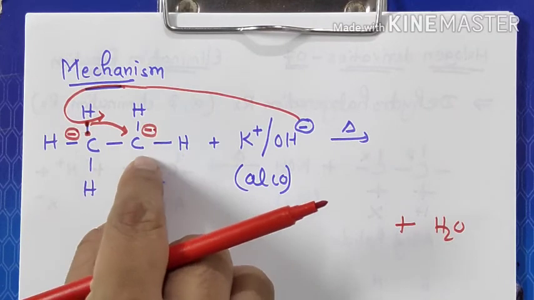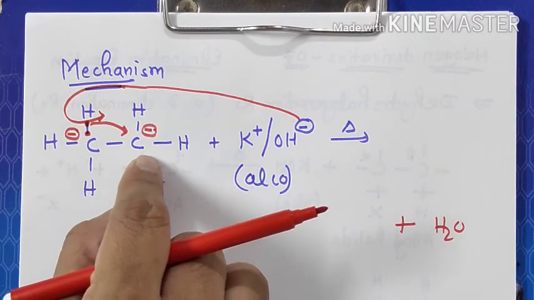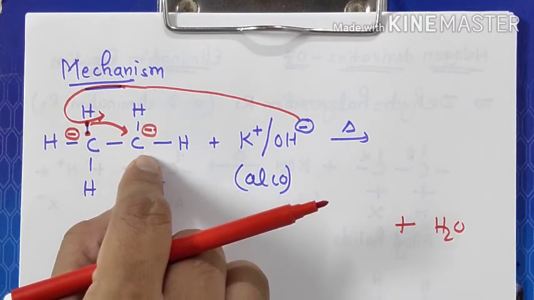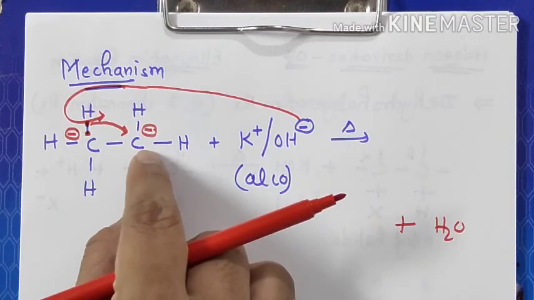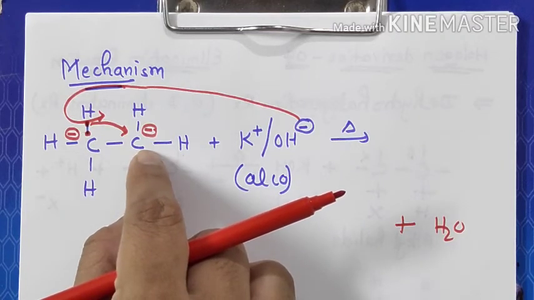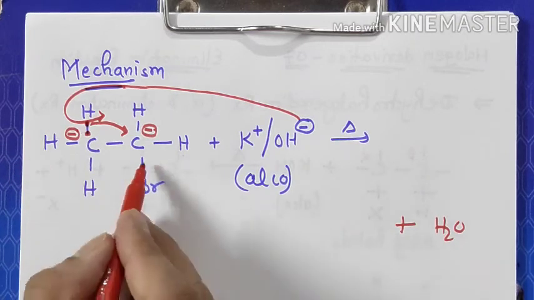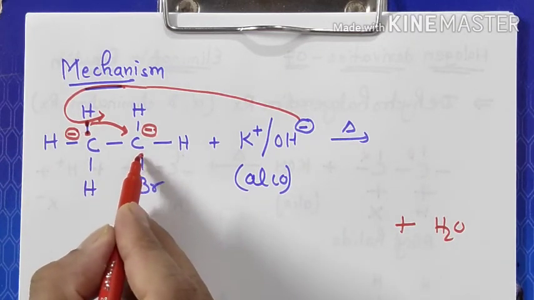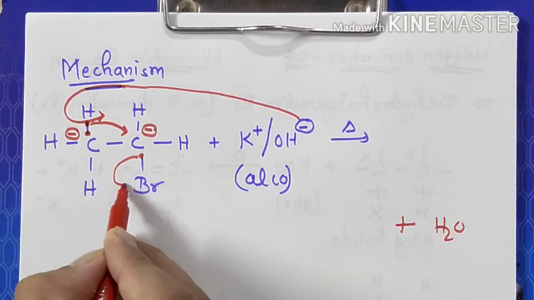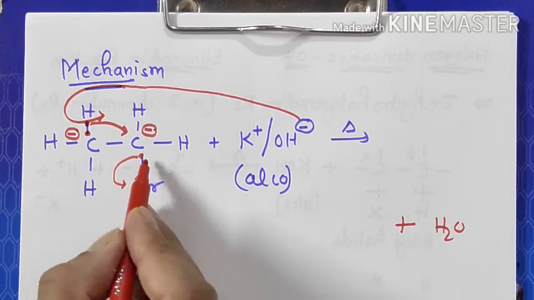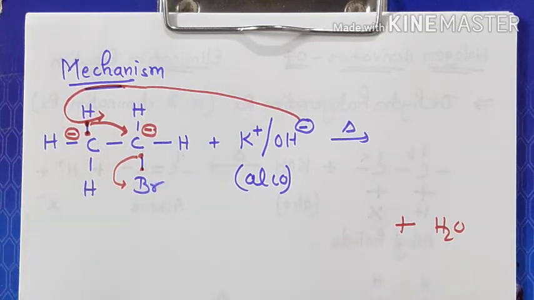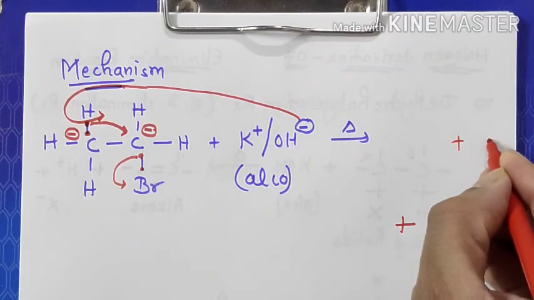But again, the same story: carbon can't remain negative as it is not electronegative, but this carbon has an opportunity to get rid of that electron. What is that opportunity? This carbon will give its electron to Br, right? So Br will come out as Br minus.